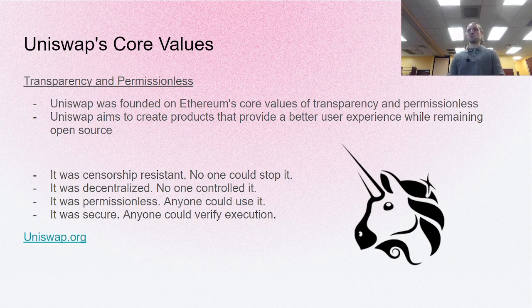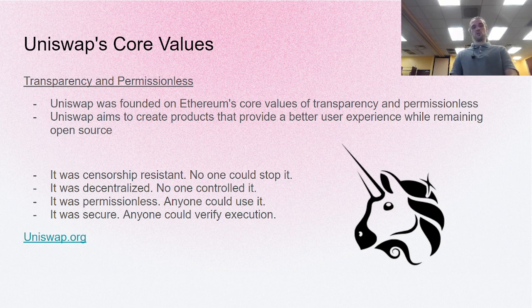It was censorship resistant. And then again, these are the four core key points that the head of Uniswap, Hayden Adams, set in stone when he was building Uniswap, from day one. Uniswap is currently in version 3, V3.